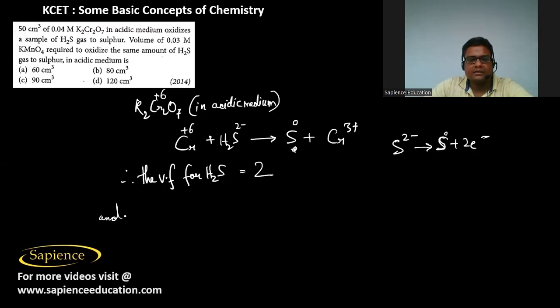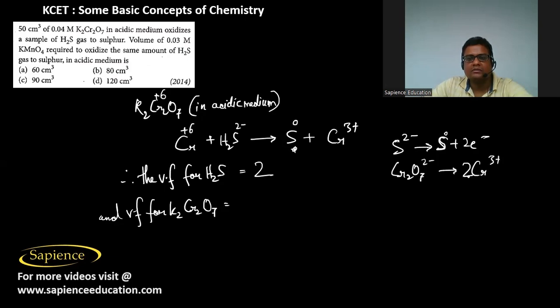Similarly, the valency factor for K2Cr2O7: Cr2O7 2 minus will form 2 Cr3+ ions, so here it is in 6 plus, so it has to gain 6 electrons to form Cr3+ ion.